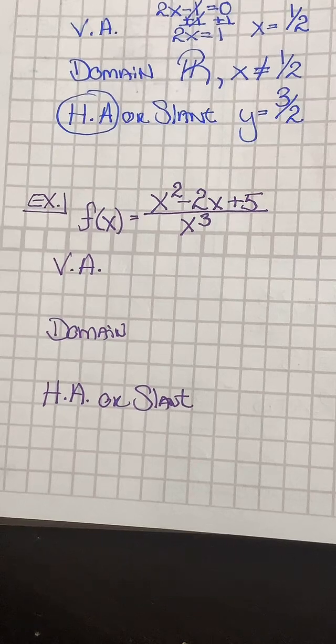I got -3s, -1s. Oh, we are wrapping up, but we're learning on finding the domain and the asymptotes of rational functions.